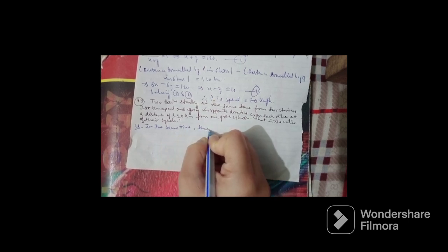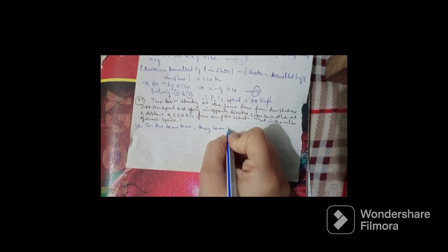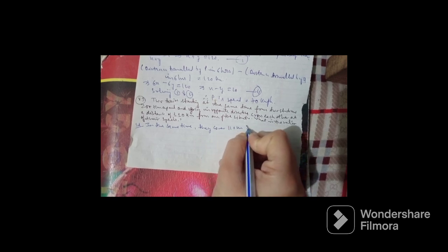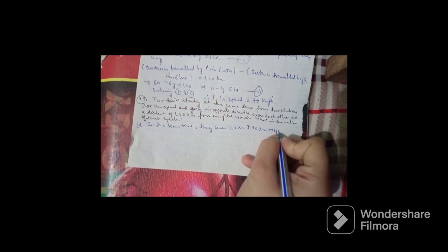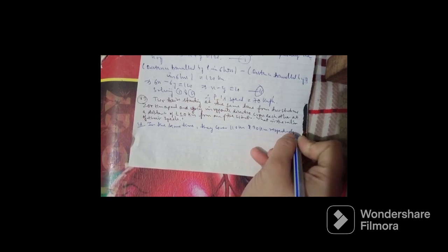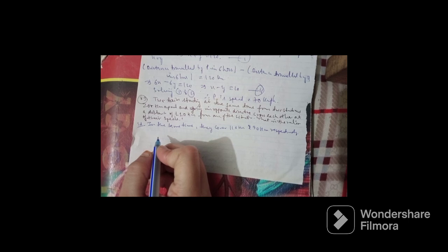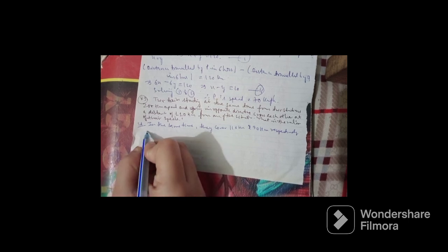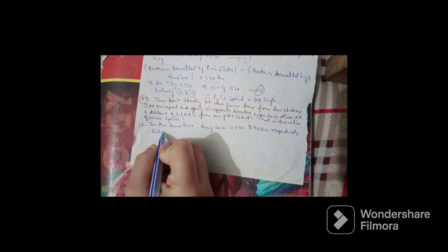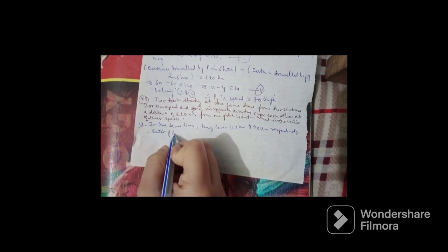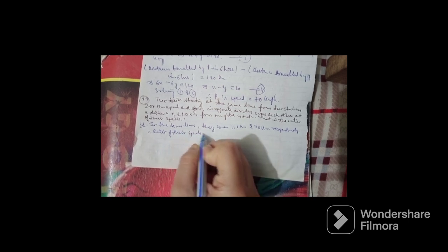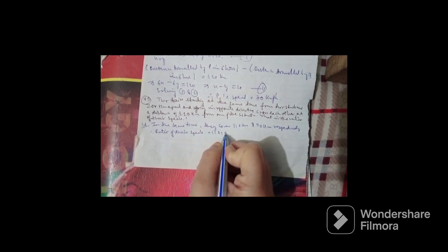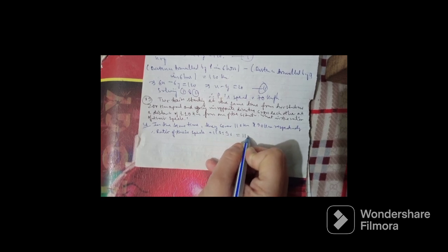Ratio of their speed equals 110 ratio 90, which equals 11 ratio 9.